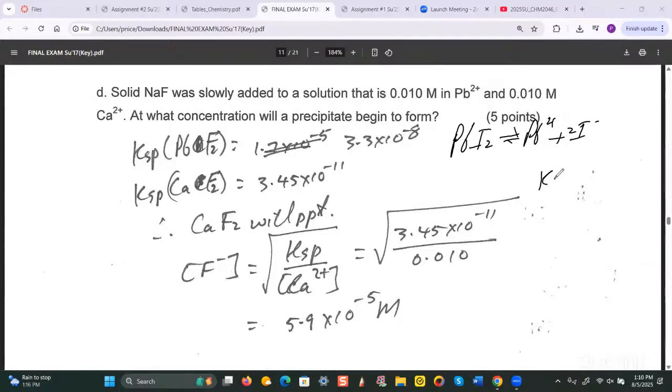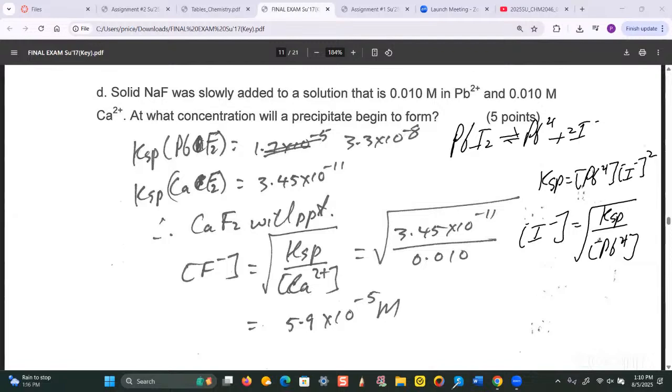So KSP in this case would be equal to the concentration of Pb2+ times the concentration of I- squared. Basically you're asked to determine the concentration of I-. That would be equal to KSP over the concentration of Pb2+, and then we find the square root of that. I think the question gave you the concentration of Pb2+, and you'd have to look up the KSP value in the tables. You just plug those numbers in, find the square root, and that would give you what the question is asking for.